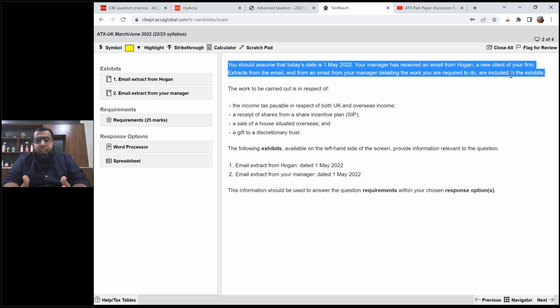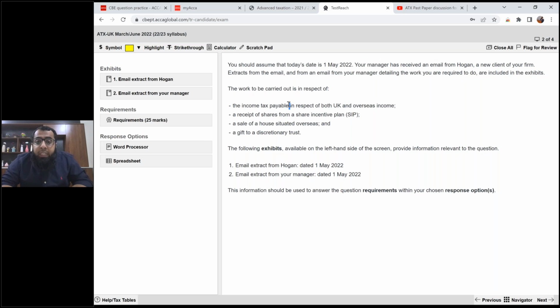So some basic detail is given that we are working for a client, Hogan. The work to be carried out is in respect of the income tax payable in respect of both the UK and the overseas income, a receipt of shares from a share incentive plan, a sale of a house situated overseas, and a gift to a discretionary trust.